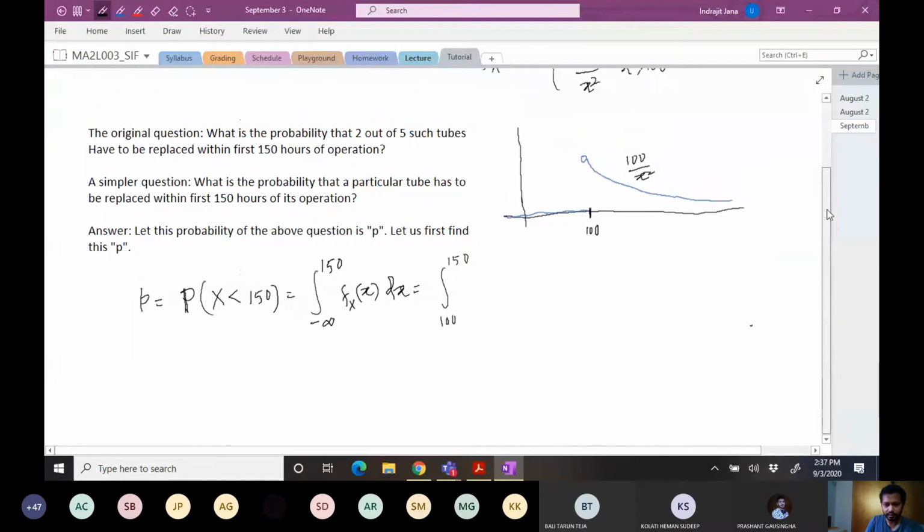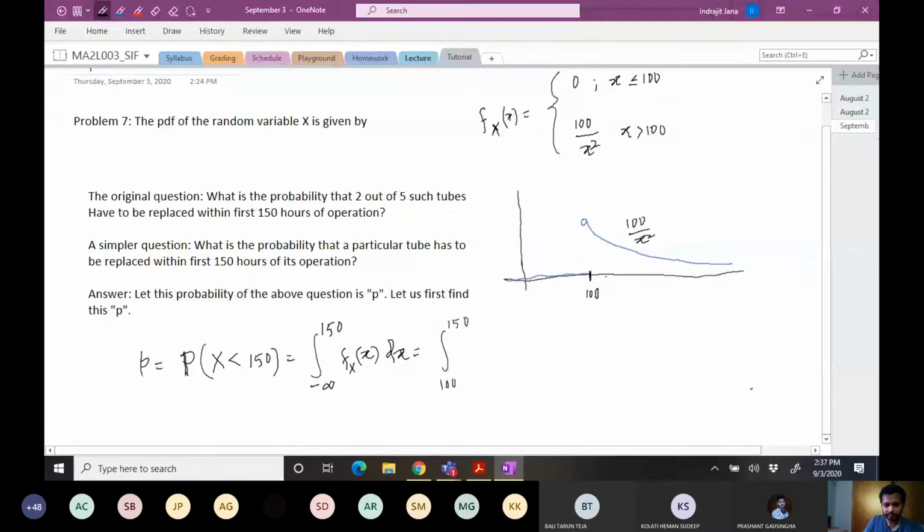So this is the integral of 100 over x square dx, which is negative 100 over x from 100 to 150, that is 1 minus 100 over 150, which is 1 minus 2/3, that is 1/3.